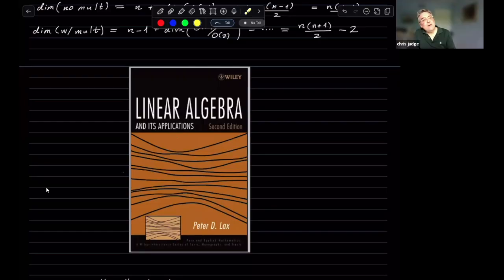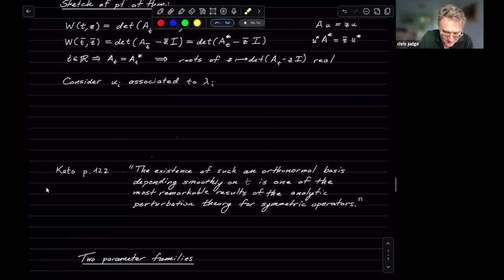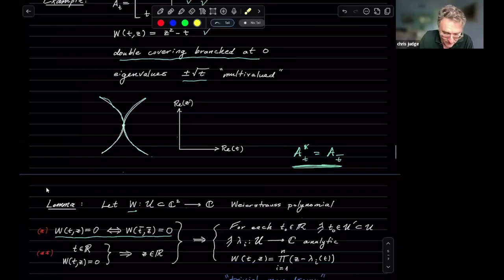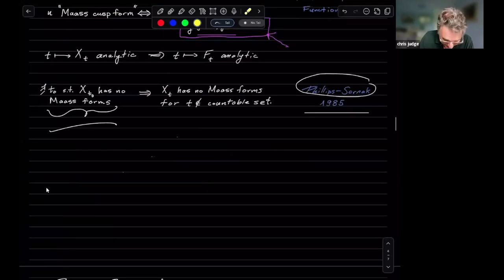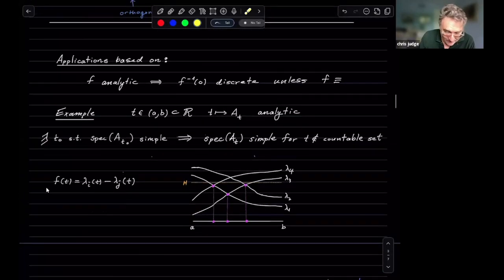Right. So my work with Luke, it depends on the fact that we do want to fulfill this condition.